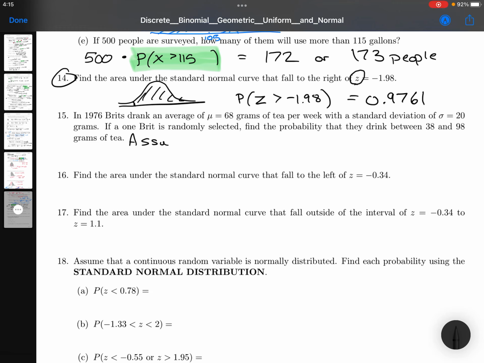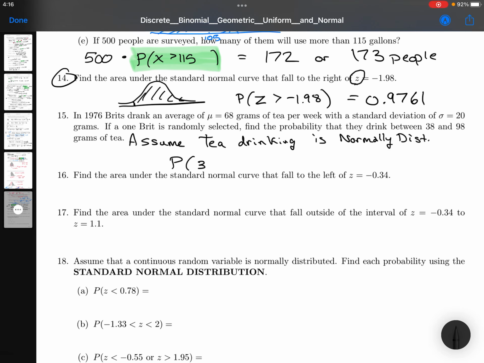So first, let's write this. Assume tea drinking is normally distributed. Well, of course, we have to know what type of distribution we have in order to use that distribution. So I'm just assuming we have a normal distribution.